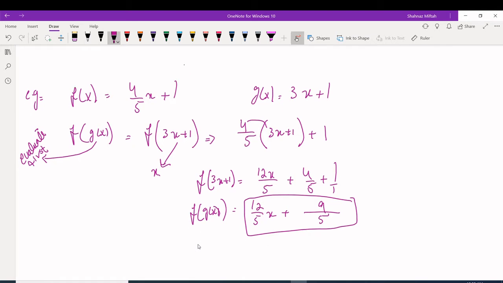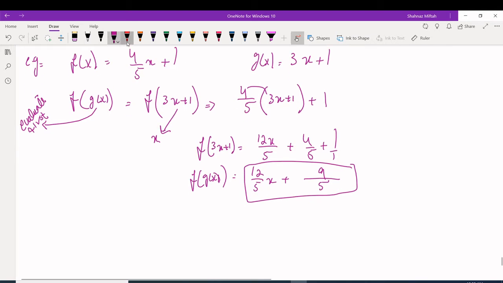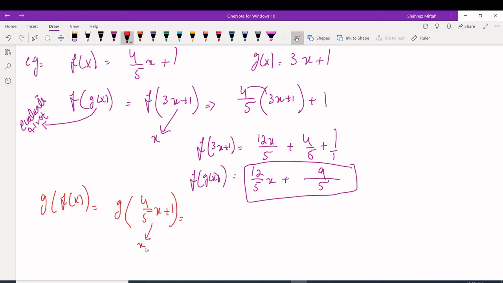Now let's pick the same functions and do g of f of x. So if I do g of f of x, the g function goes here, and f of x is 4/5 x plus 1. Now what does this mean? This is acting like an x, and I have to substitute this for every x in the g function.